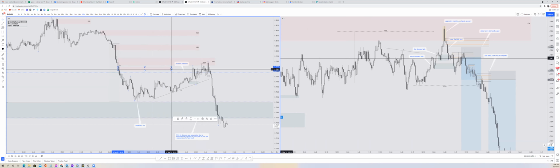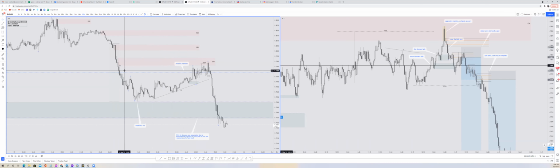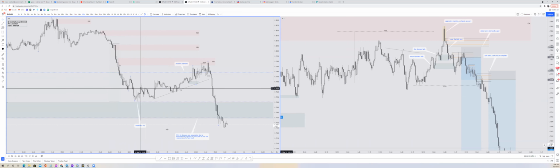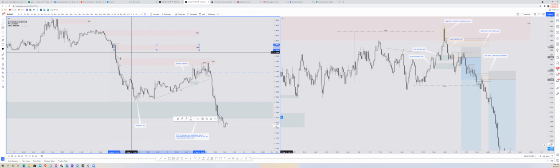Yeah, so before the push down, there was inducement, right? But the order block above that, there's no inducement. You mean the order block right here? Yeah. Well, there is, because these wicks would be some sort of inducement. It's not the greatest inducement, but it's there. It hasn't been taken.